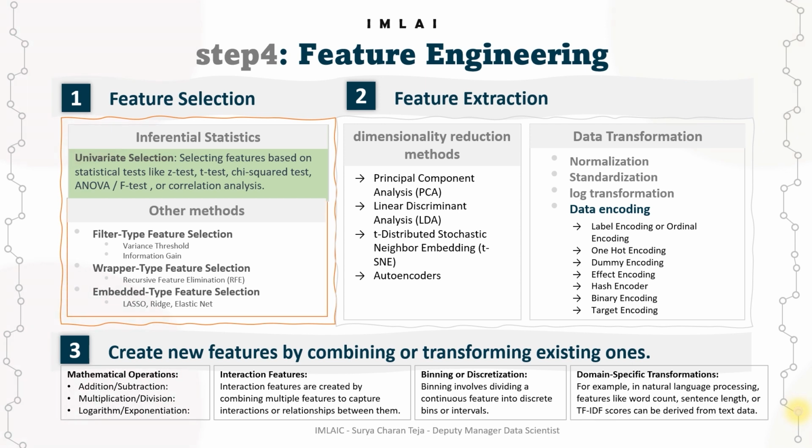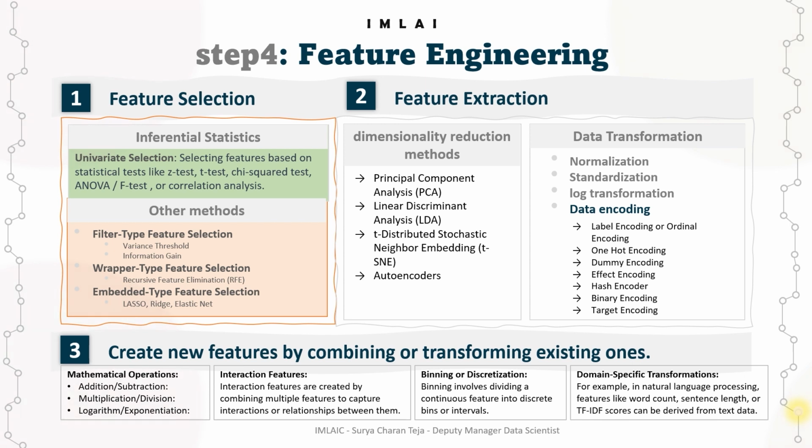This can be classified into three: filter type feature selection such as variance threshold and information gain, wrapper type feature selection such as recursive feature elimination and forward and backward eliminations, and embedded type feature selection such as lasso, ridge, L1 L2 regularization terms, and elastic net, which consists of both L1 and L2 regularization terms.